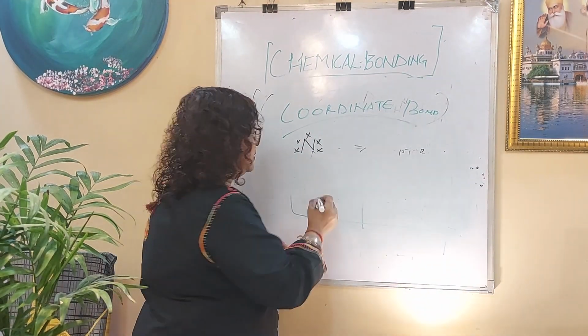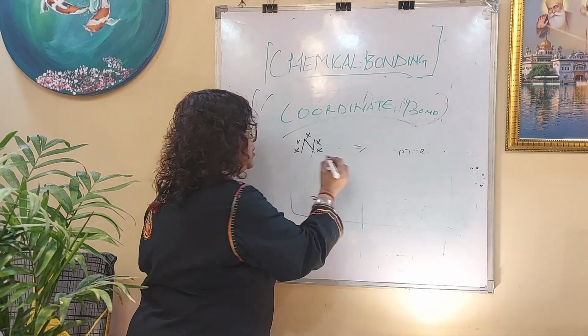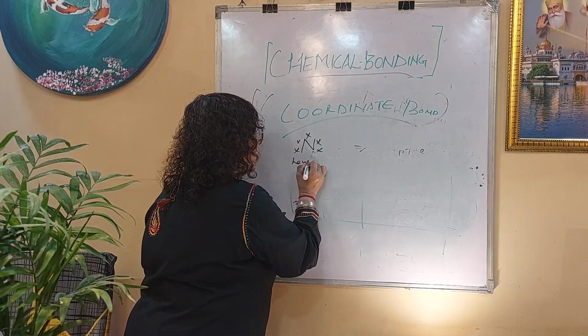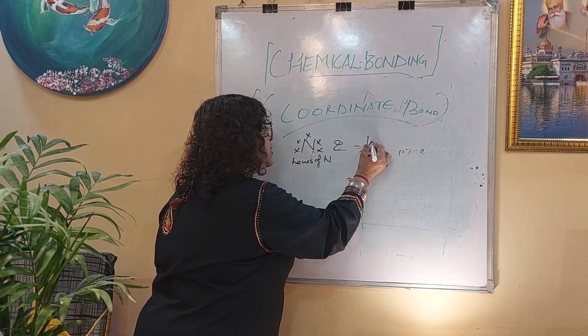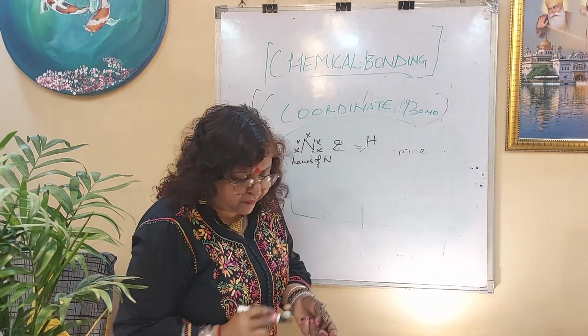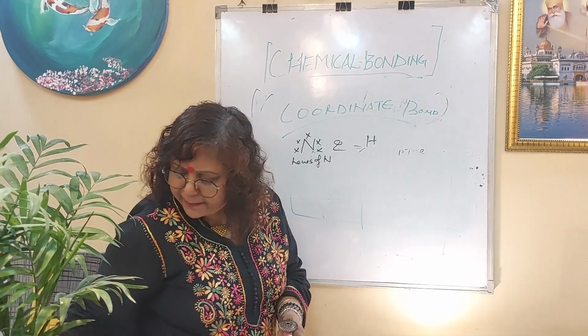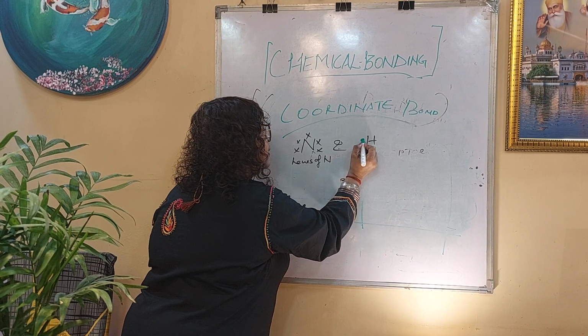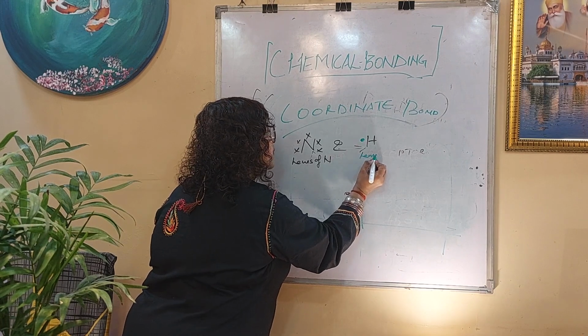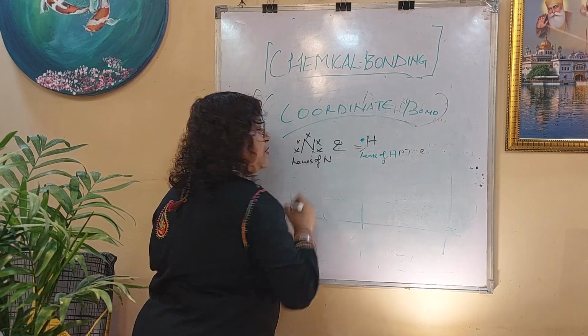This is the Lewis structure of nitrogen. And hydrogen. First, what will you write for hydrogen? Lewis structure of hydrogen. First step.